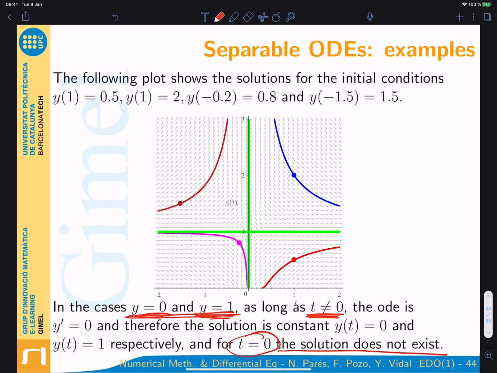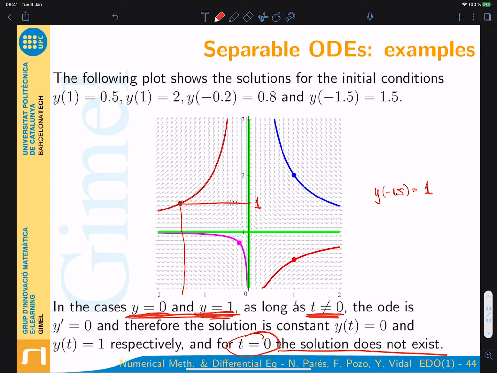For example, when I take this value here, this is 1, y, I don't know what value this one is. Maybe it's, let me see here, minus 1.5 is equal to 1.